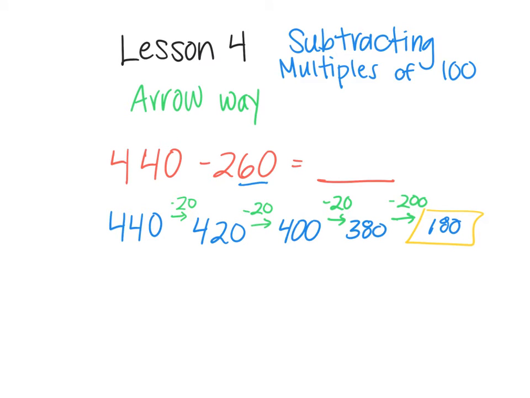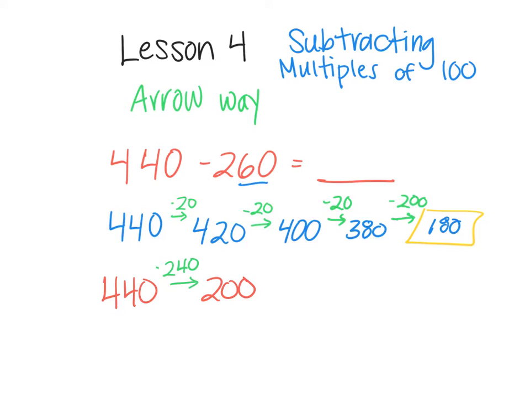Another way would be taking away 240, because if I take away 40 first, then I would get a benchmark number. So let's see. If I did 440 take away 240, that would get me to just 200.